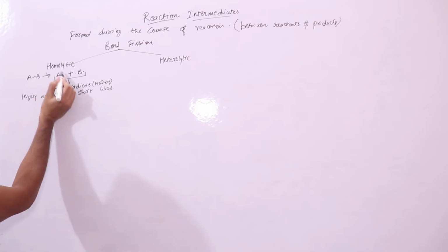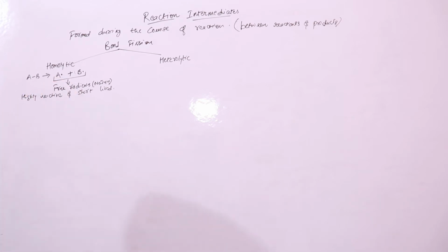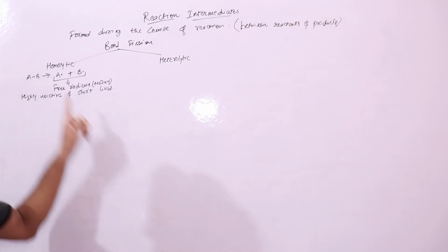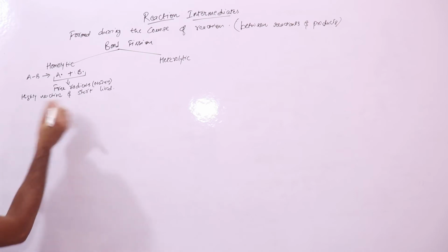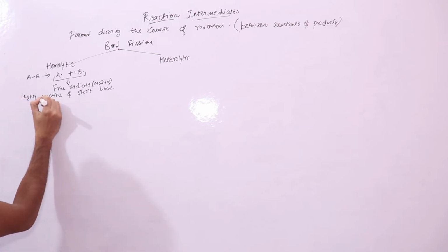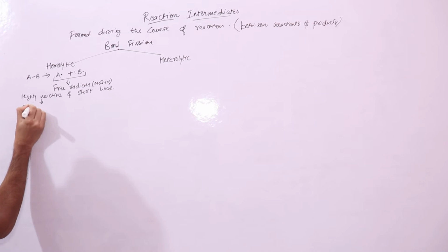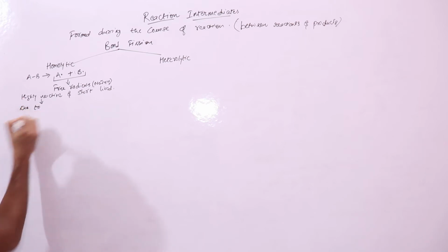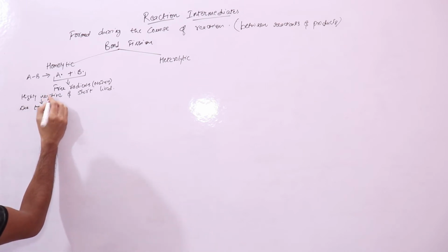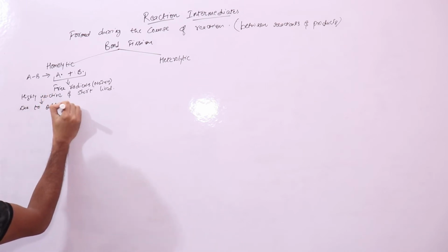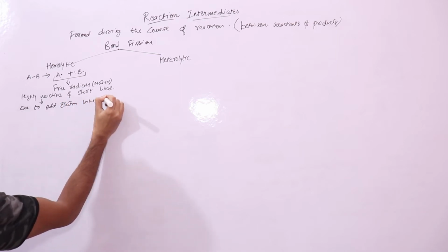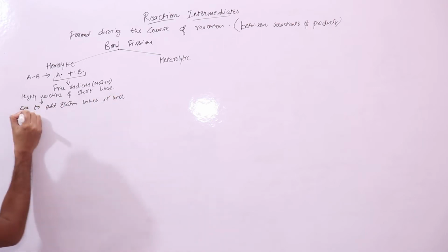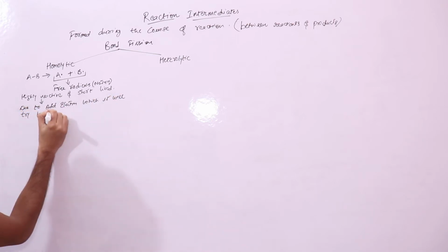So because of its single electron, its reactivity is high, because in order to pair up, it will immediately react. It is highly reactive due to the odd electron, which it will try to pair up.